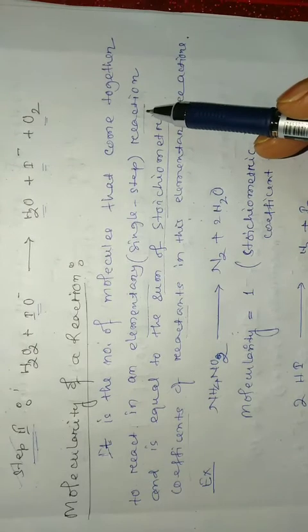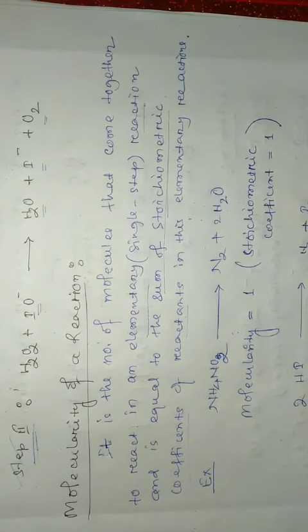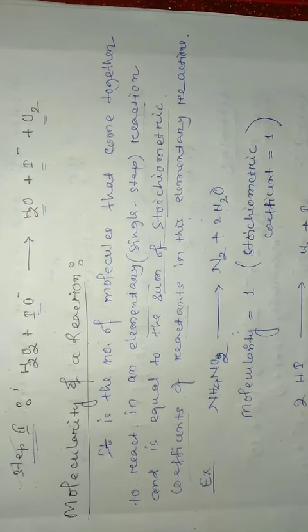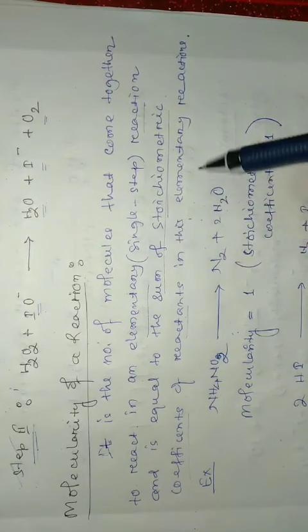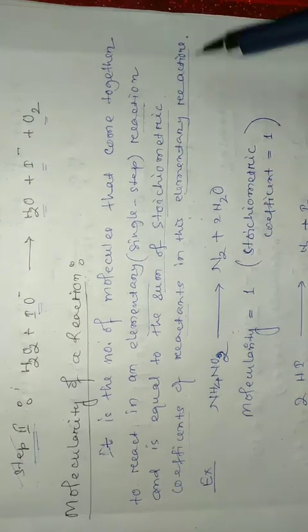That means in a particular elementary reaction, the total number of reactant molecules that participate in the chemical reaction for the formation of product is called the molecularity of the reaction. So molecularity of a reaction is related to elementary reactions.